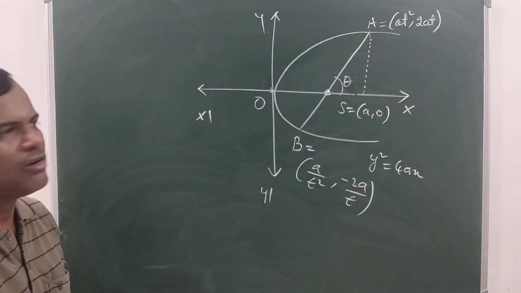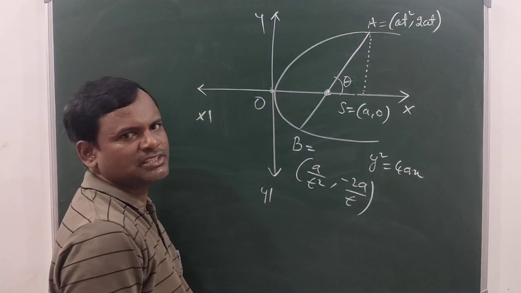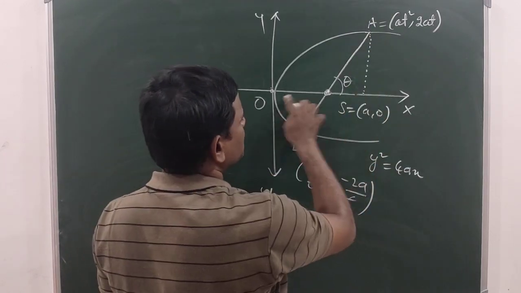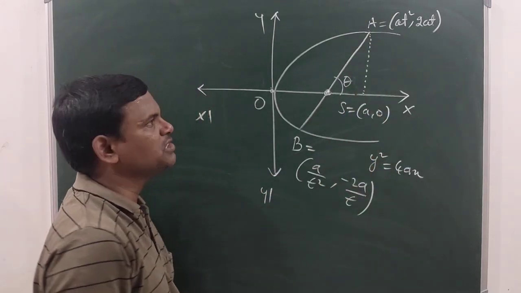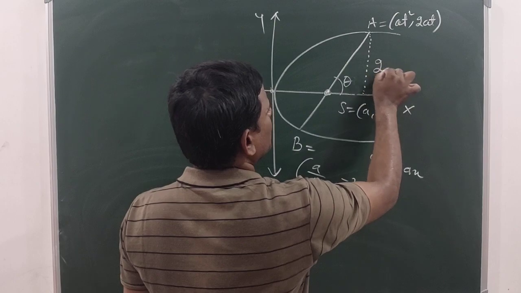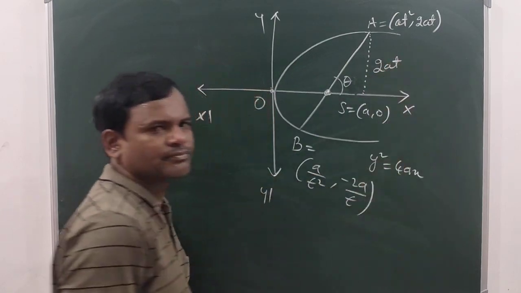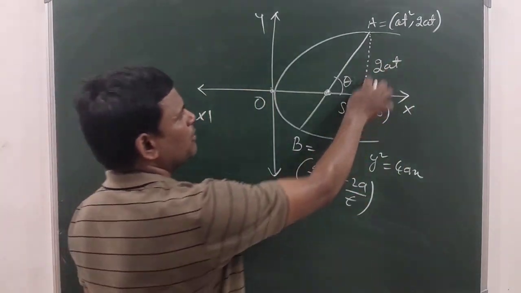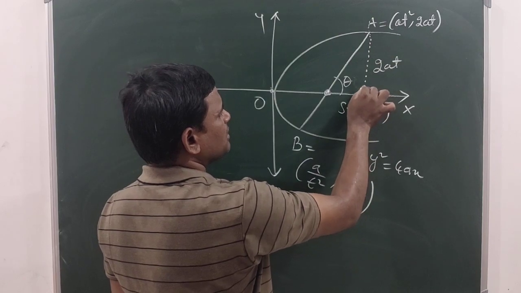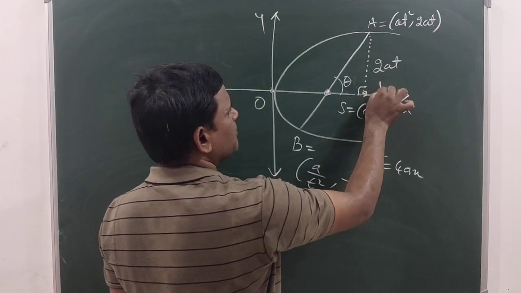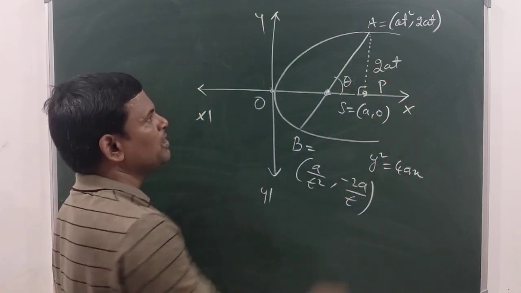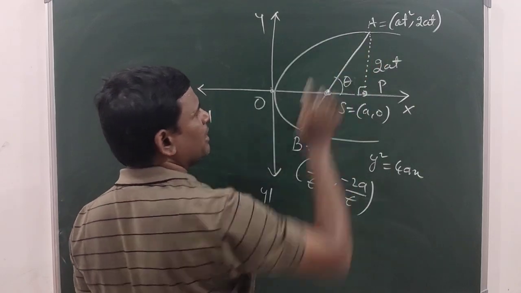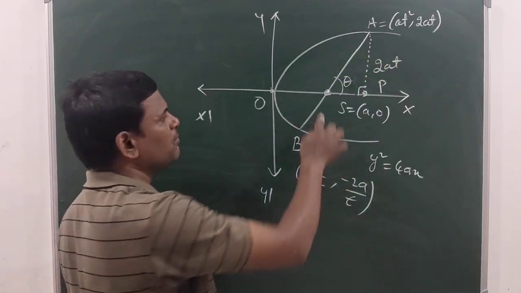I have dropped a perpendicular from A to the axis of the parabola. How much is that? 2at. The distance from here to here. Let us take this point's coordinates as P. Now measure S to A.